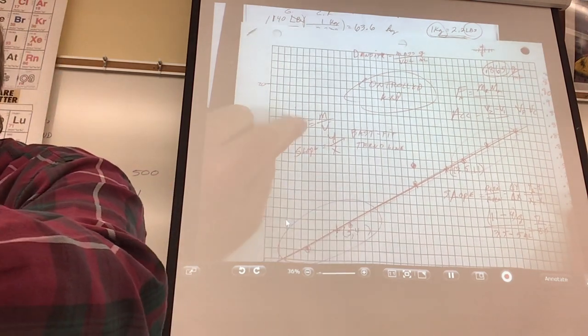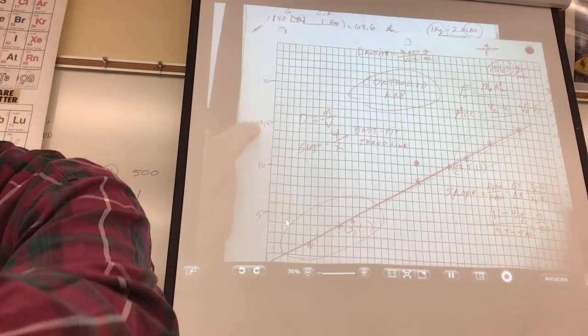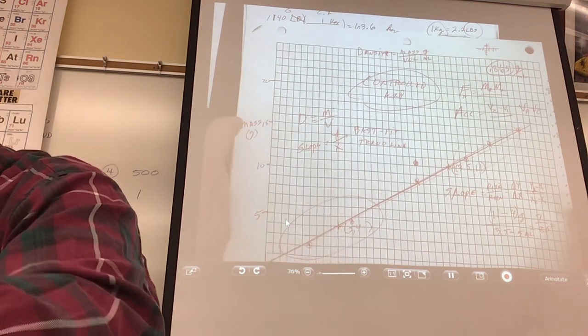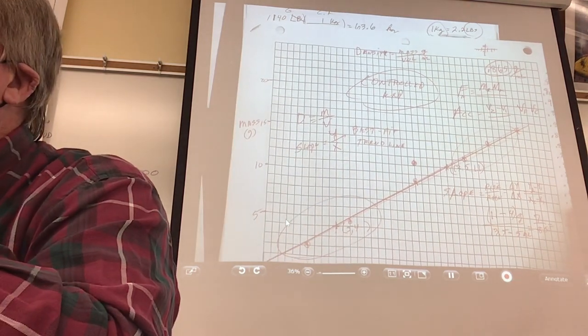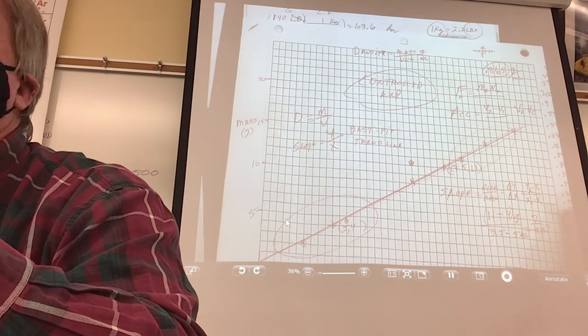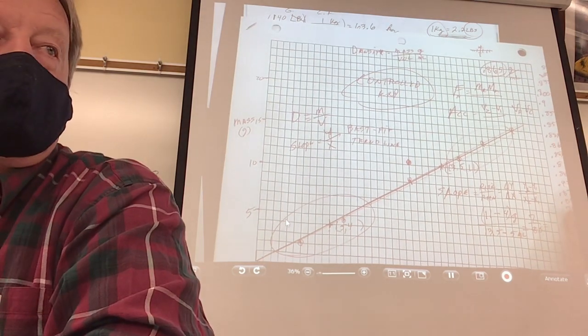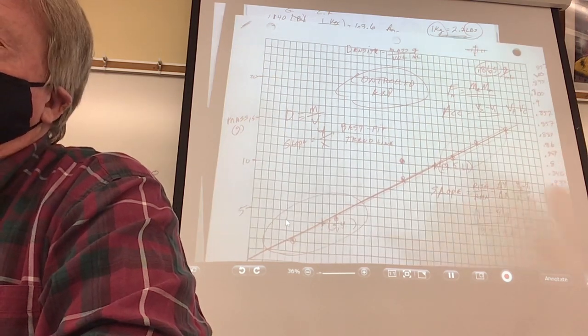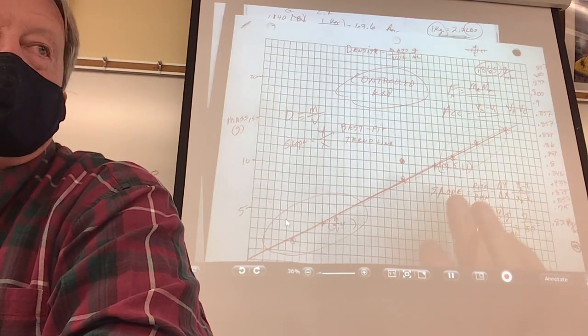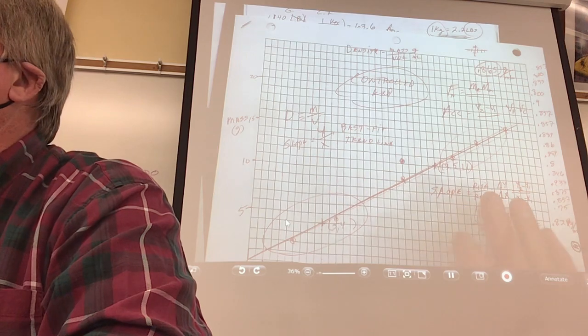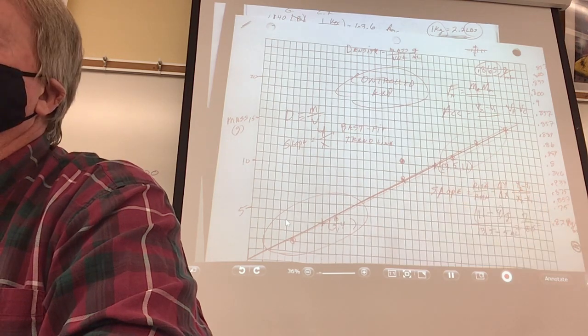In this case, the slope is whatever's on the y-axis divided by what's on the x, and mass divided by volume is density. You could have done this experiment the other way, and you would have gotten another ratio, but it wouldn't have been called density. You get that? So it looks like this person was trying to find the best number possible for the density of this liquid. What do you think?